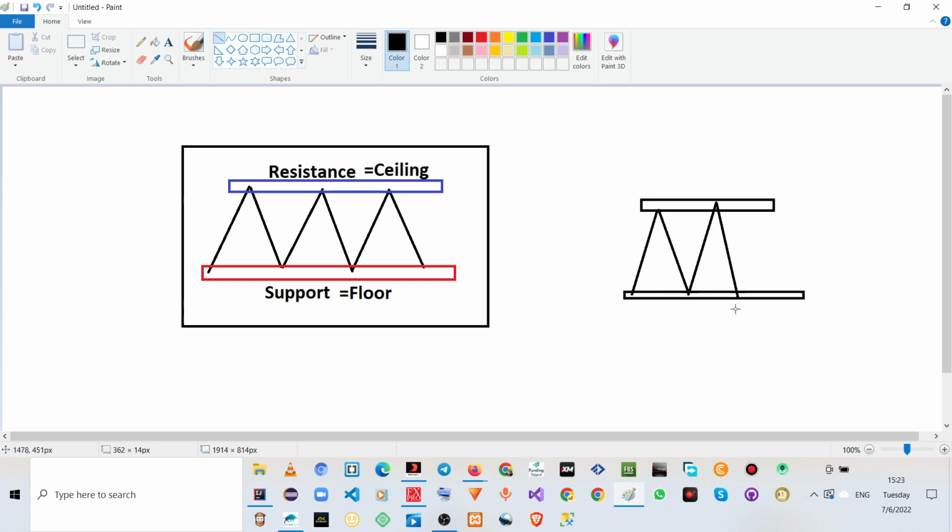So when price now breaks through the support, right, then it gets back to the same support that it has just broken and reacts to it, but this time now it becomes resistance. This is where we have the support become resistance, support become resistance.